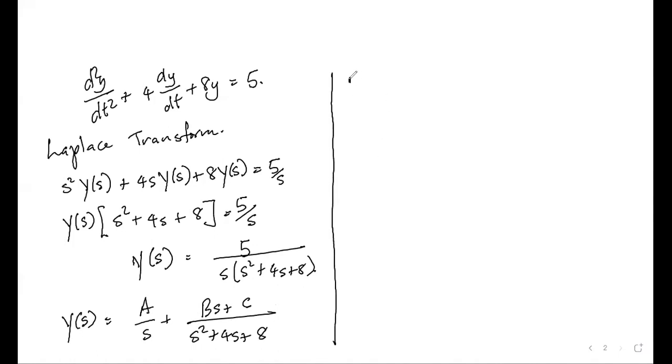So we're going to have A times (s squared plus 4s plus 8), putting them back together by cross-multiplying, plus (Bs plus C) times s is equal to 5.